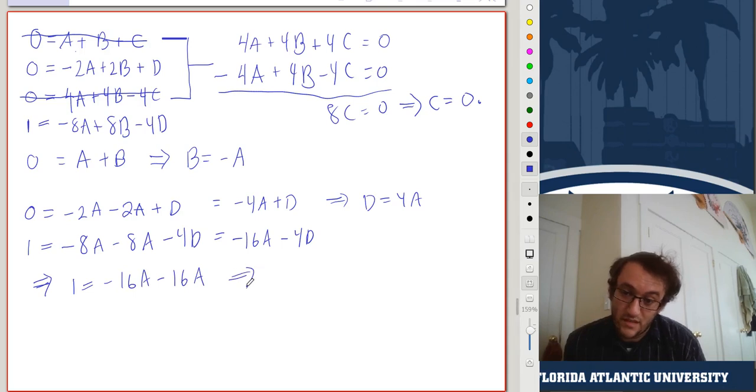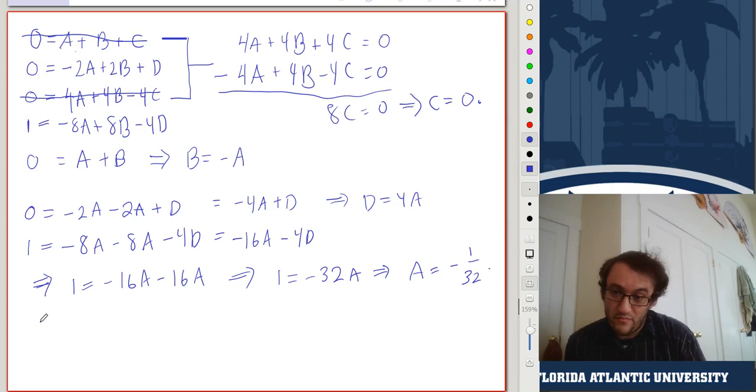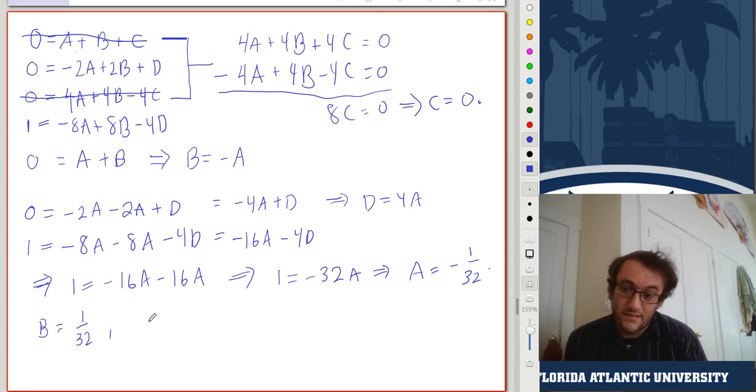Which tells me that 1 equals minus 32a, or a equals minus 1 over 32, which tells me that b equals 1 over 32, and c, as we know, is 0, and d is 4 times a, which is minus 1 over 8.